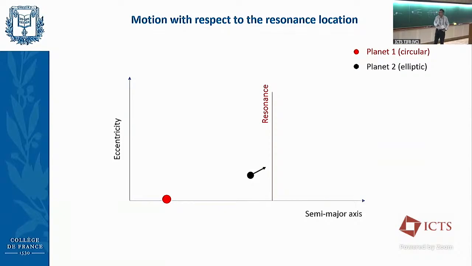So what happens close to a resonance is that you have an oscillation around the resonance. You're not exactly on resonance on the line, you oscillate back and forth around the resonance on a line that is slanted in this diagram, so major axis versus inclination. This is important. So you keep oscillating like this.